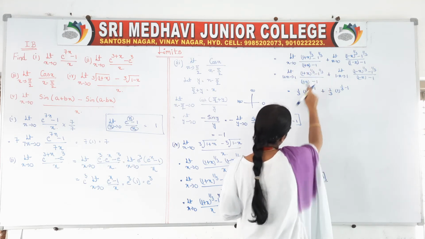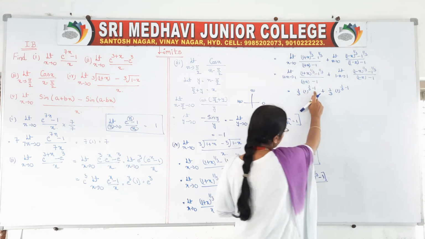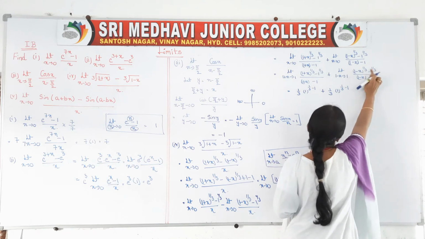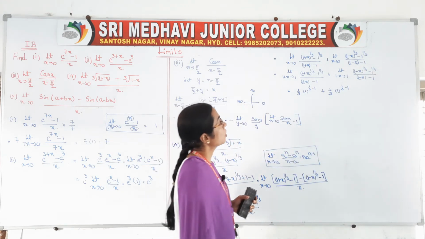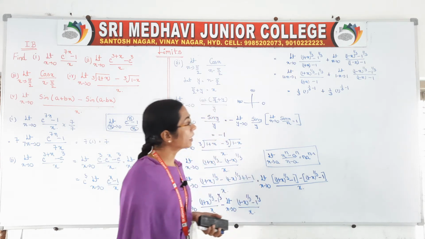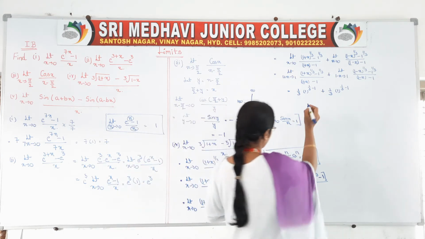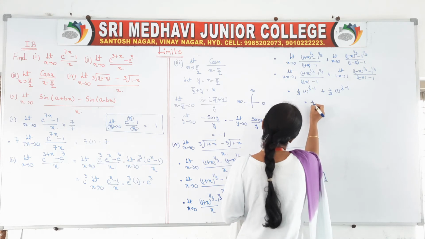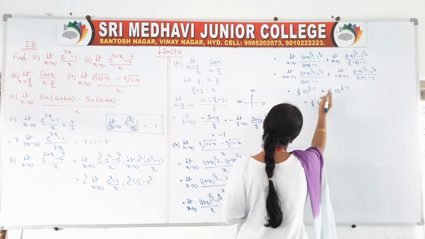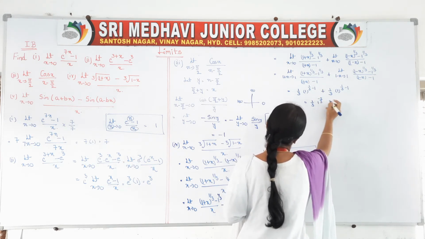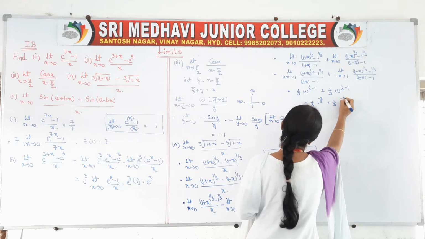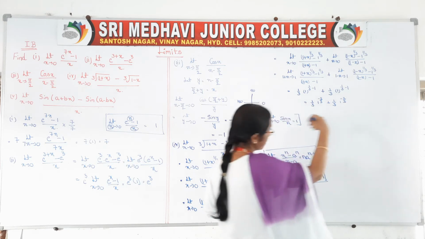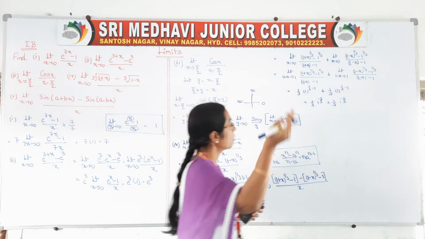A is 1, and the formula is n a to the power of n minus 1. Here also n is 1 by 3, and in a's place we are having 1. So it is equal to 1 by 3 into 1 to the power of minus 2 by 3, plus 1 by 3 into 1 to the power of minus 2 by 3. 1 to any power is 1 only.